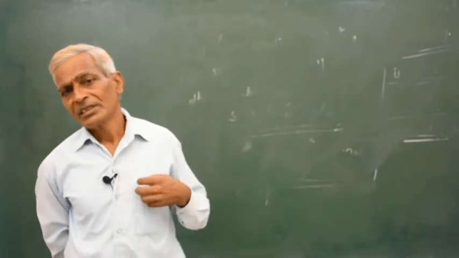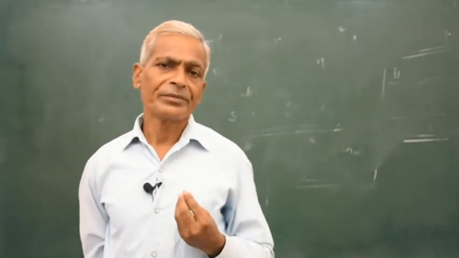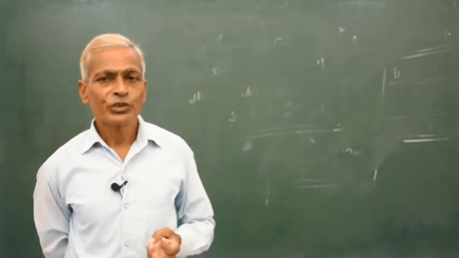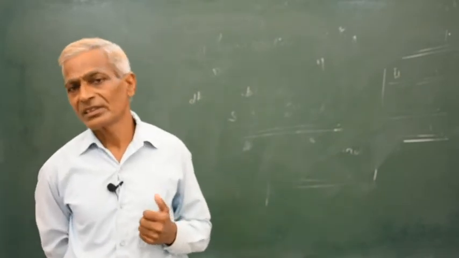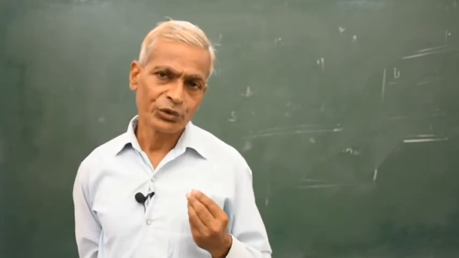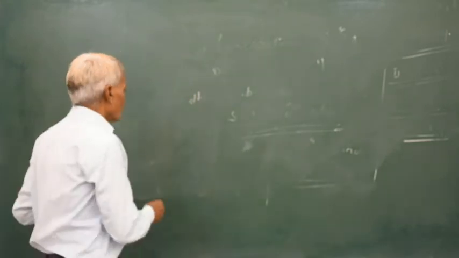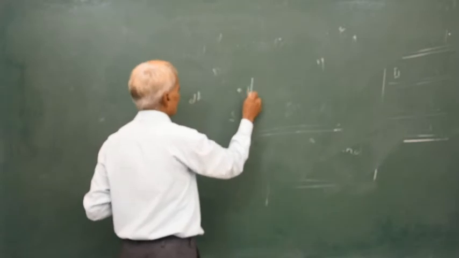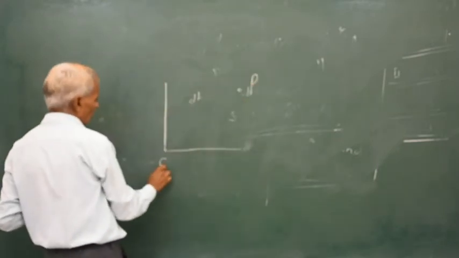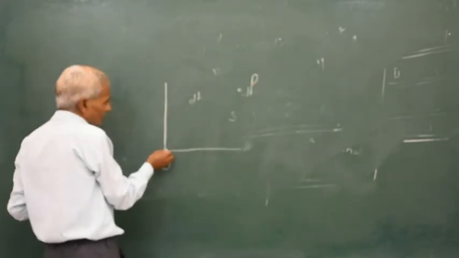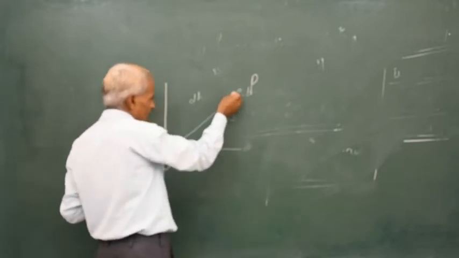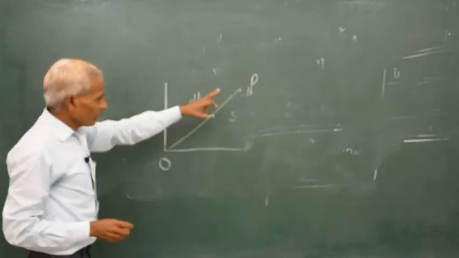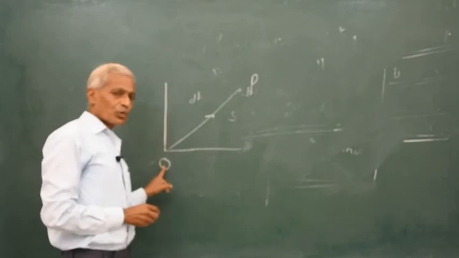Now, frame of reference. Coordinate system is the simplest frame of reference. Now, position of a point with respect to some origin. Suppose P is a point and O is a fixed point. We have to explain position of a point with respect to this origin.